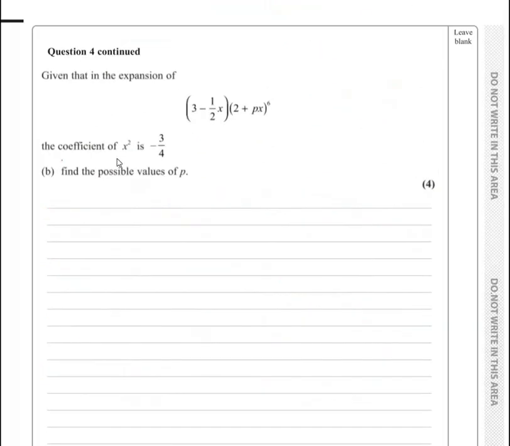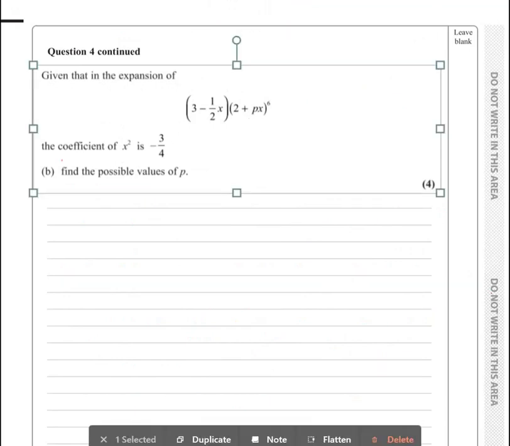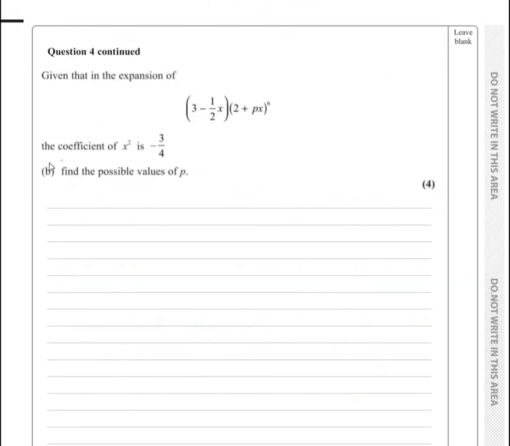Okay, now let us see what is the B part of this question. Given that in the expansion of this bracket and this bracket, the coefficient of x squared is minus 3 by 4, find the possible values of p.